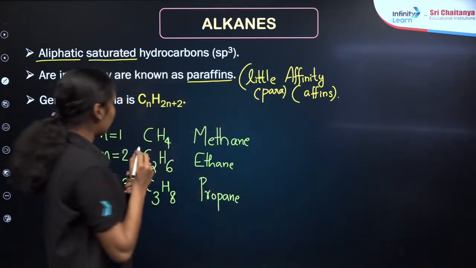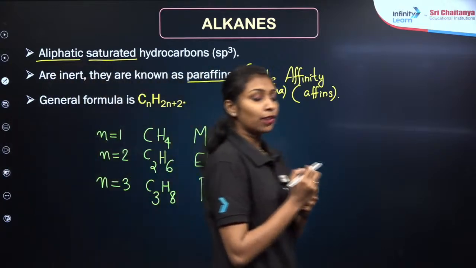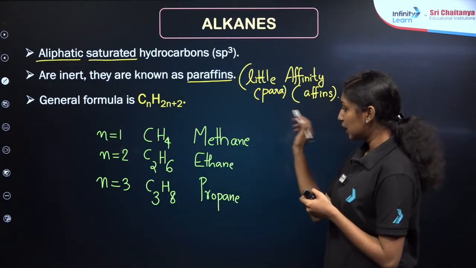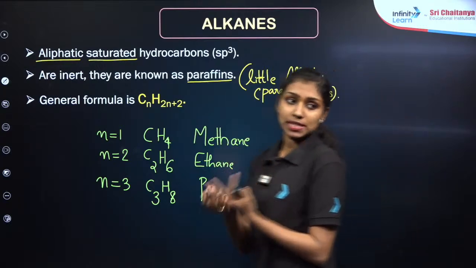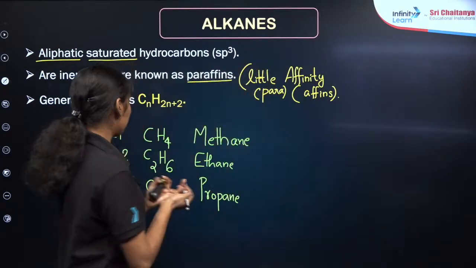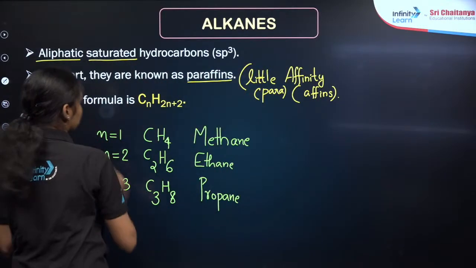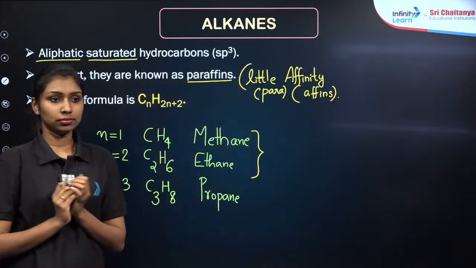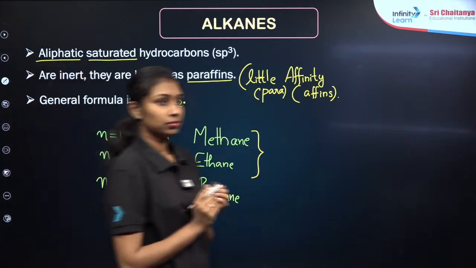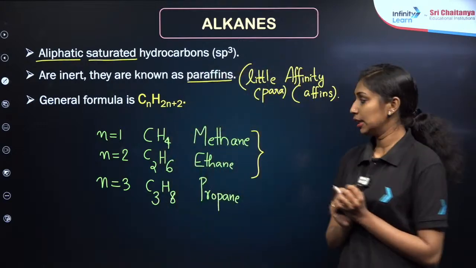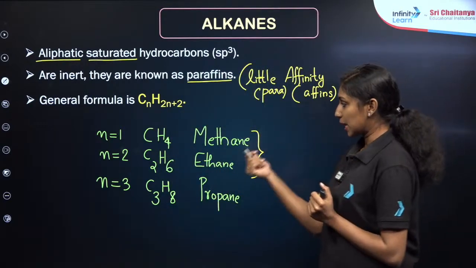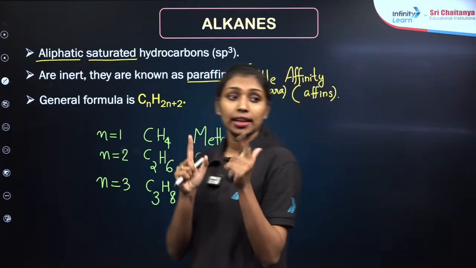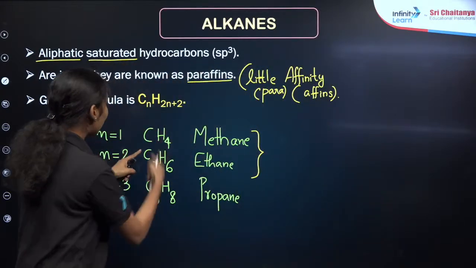So, if you are looking into the general formula of the particular alkane, what are you observing? Is there any observation? For example, if I am adding one CH2 unit to the methane, what will I get?